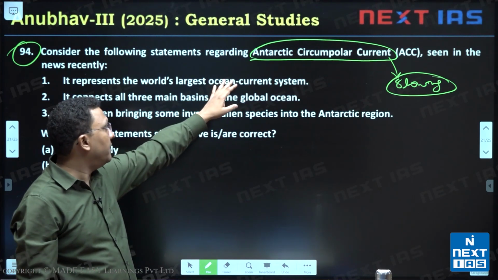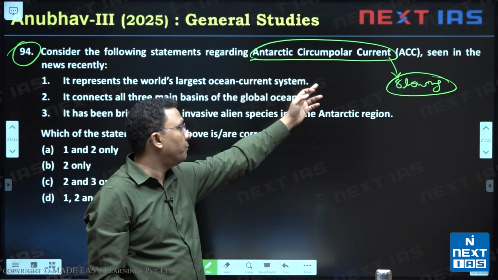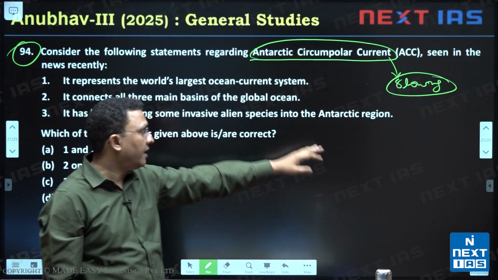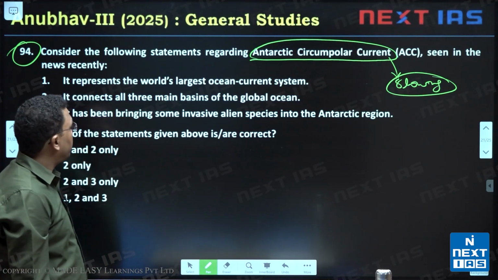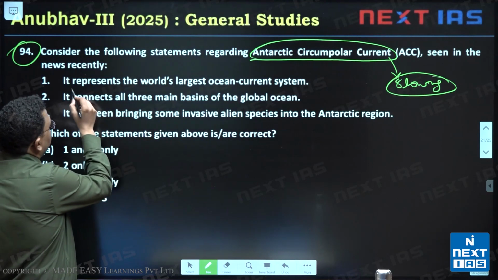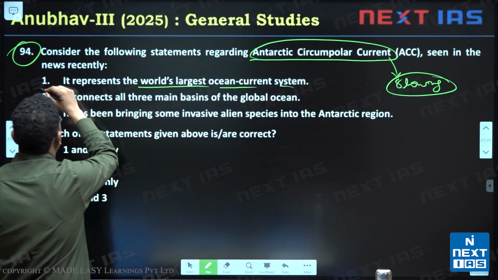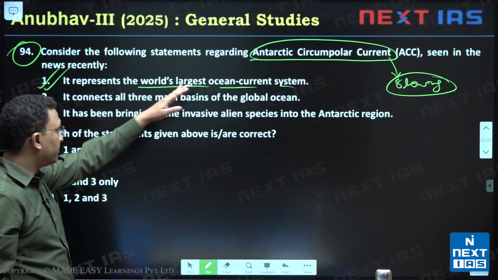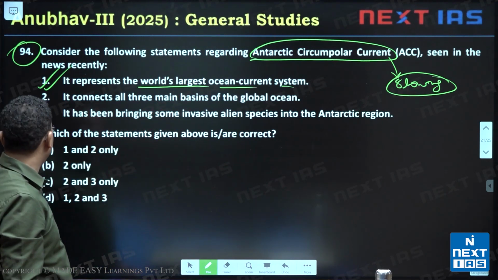So unchecked melting of Antarctic ice is making this Antarctic circumpolar current slow down, and that's why it was in the news, right? Now some statements are given regarding these currents. The first one says it represents the world's largest ocean current system. This is correct, right?